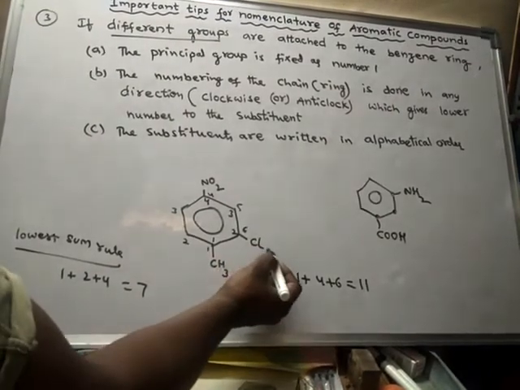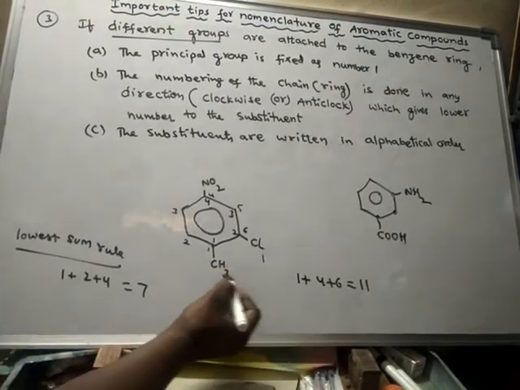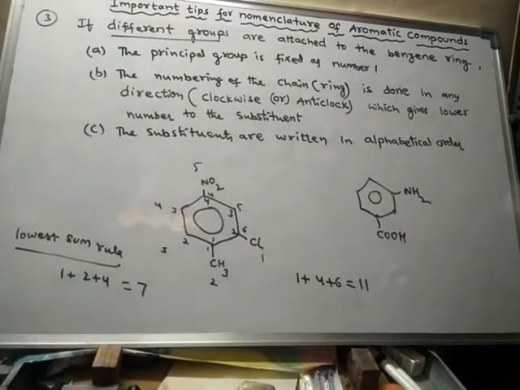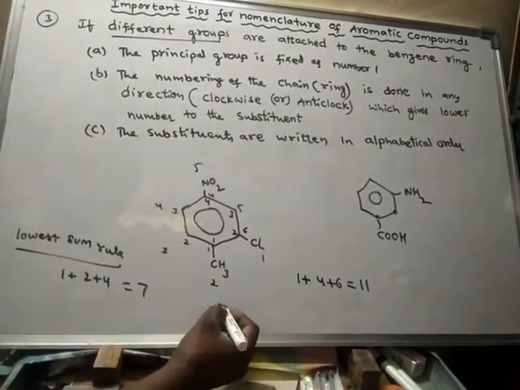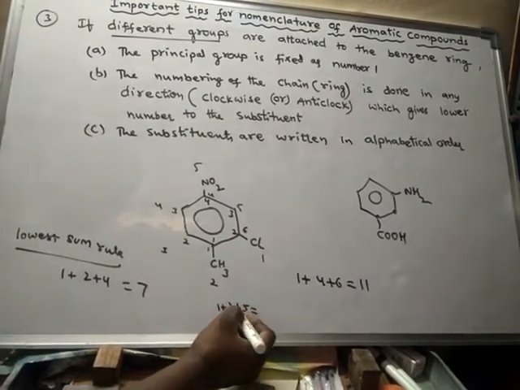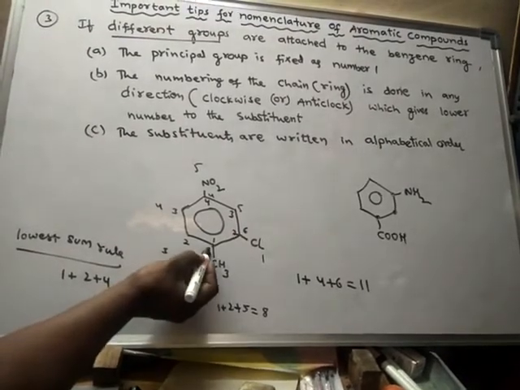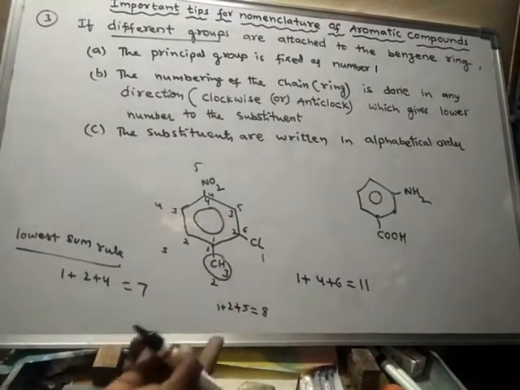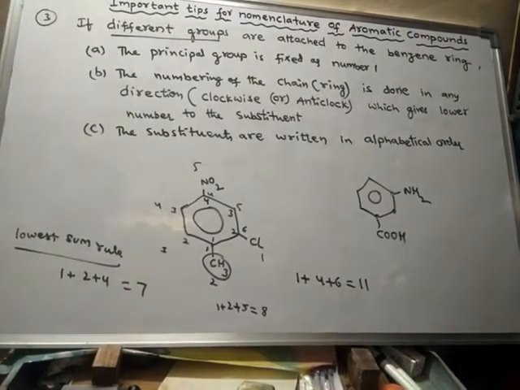Suppose you start from chlorine, 1, 2, 3, 4, 5, then the sum of the locants will be 1 plus 2 plus 5. How much will it be? It will be 8. So we may choose any starting point, but the sum of the locants should be the lowest possible.